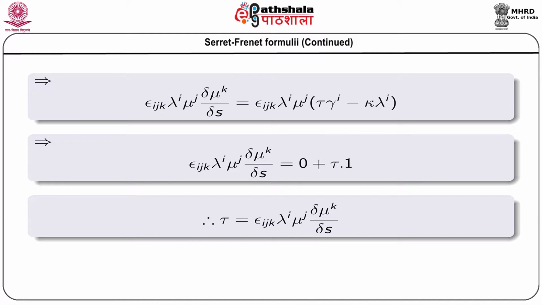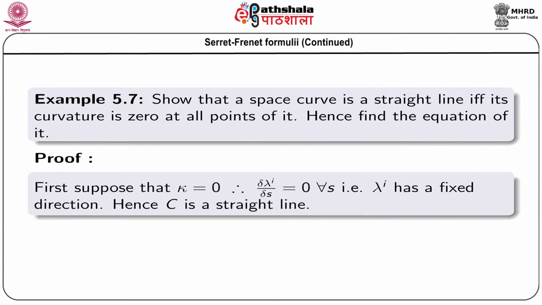Now, let us see that a space curve is a straight line if and only if its curvature is 0 at all points of it, and we shall find the equation of it. So, we are going to find the equation of a straight line in space. Now, first suppose that the curvature is 0, then from the Serret-Frenet formula we have dλ^i/ds equals 0.